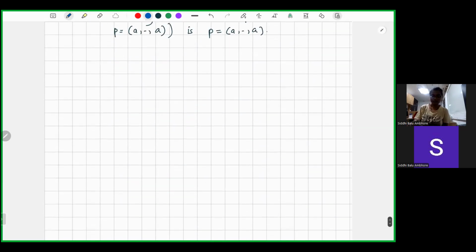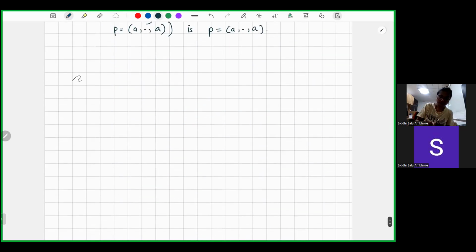Then let us move to the next question. Let G equal R plus, so this is R under standard addition, and X is R2.